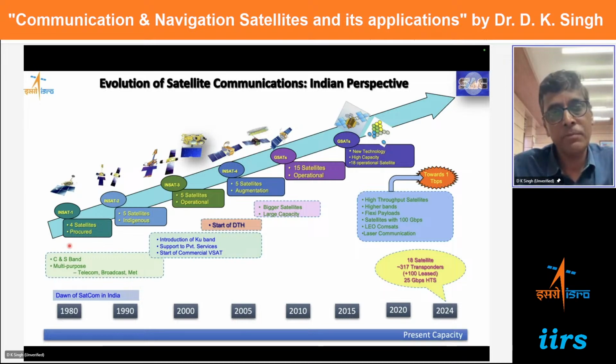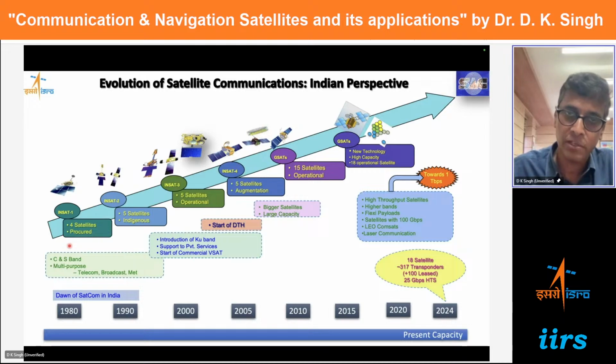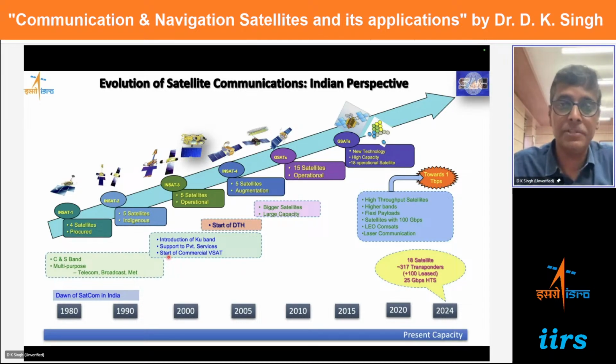And then we kept on enhancing the satellite capacity in terms of frequency, power, coverage, and capacity. And today we are sitting in 2024, where we have the most modern satellites designed by us, and they are going to be launched very soon, and which can provide internet to your home. So it is much beyond what we are having today, which is television to your homes.